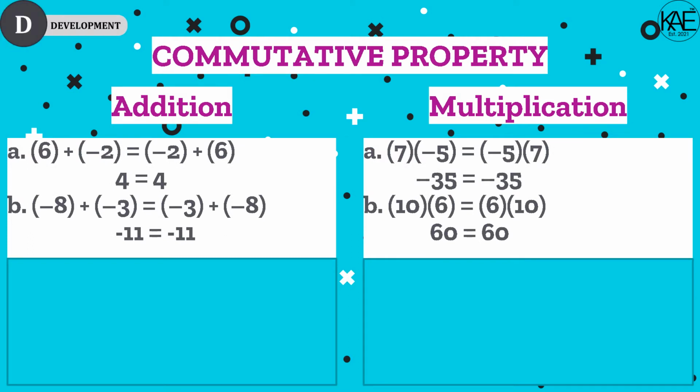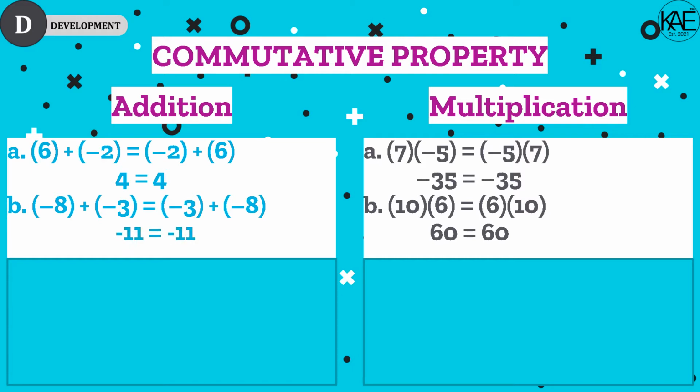Let us first have the addition. For example, we have 6 plus negative 2 is equal to negative 2 plus 6. 4 is equal to 4. Letter B example, negative 8 plus negative 3 is equal to negative 3 plus negative 8.